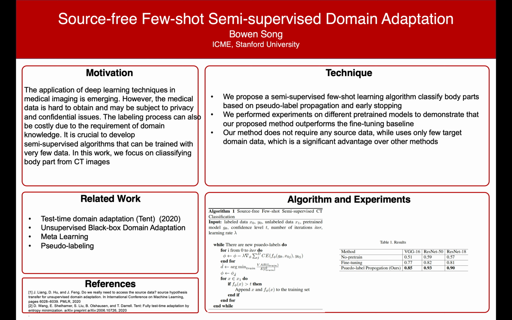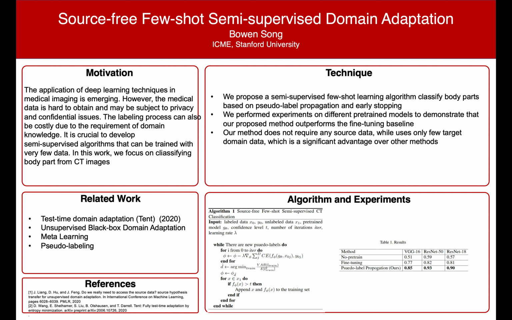Our algorithm is demonstrated in this graph. You can find that it is very easy to implement, and the intuition is that because we have some knowledge in the source model, we can use the confidence level as our knowledge to propagate the pseudo labels.